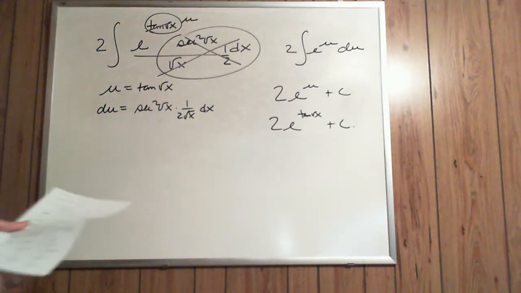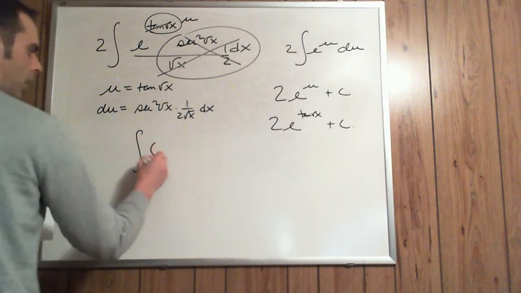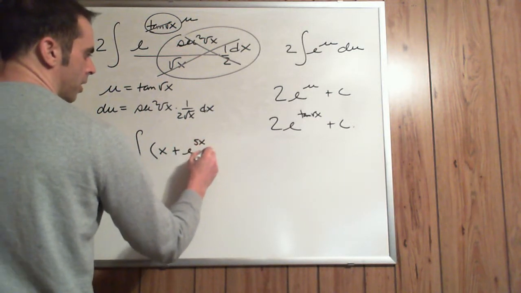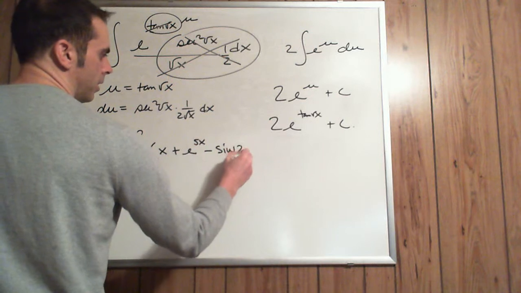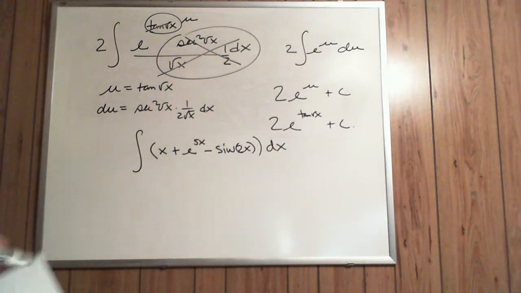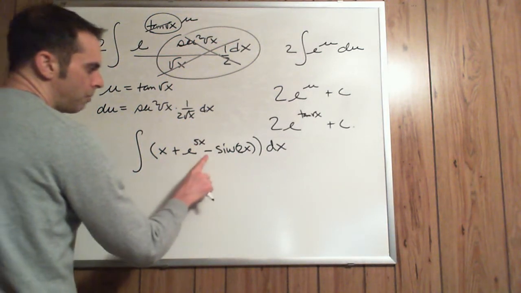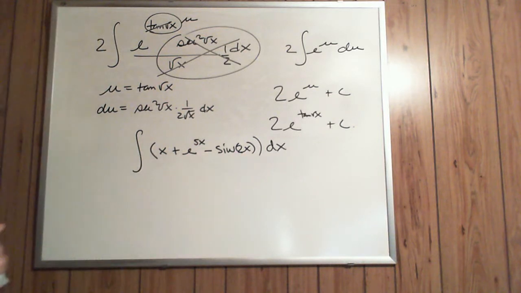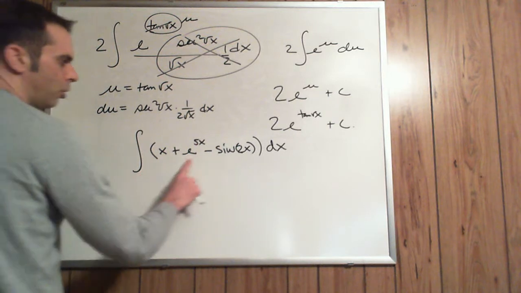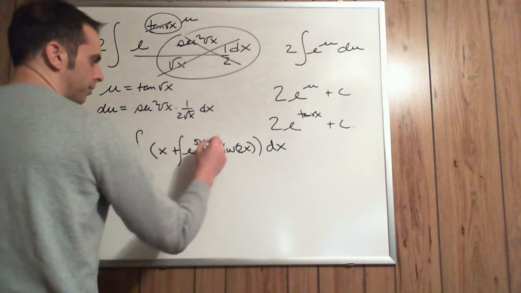Okay, and just one more is, suppose you get the indefinite integral of x plus e to the 5x minus sine of 2x. And all of this is in parentheses. Don't forget that you can distribute the indefinite integral over pluses and minuses. When you see an integrand that we know the form of, you can think of distributing this over each of these and doing each of them separately, like this.